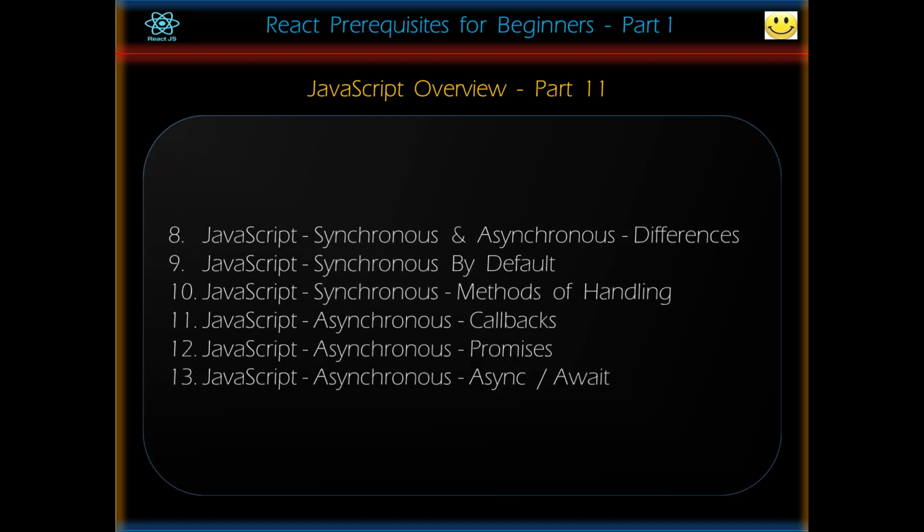In the next lecture, JavaScript overview, Part 11. In this lecture, we will learn about JavaScript synchronous and asynchronous differences, synchronous by default, synchronous methods of handling, asynchronous callbacks, asynchronous promises, asynchronous async or await.